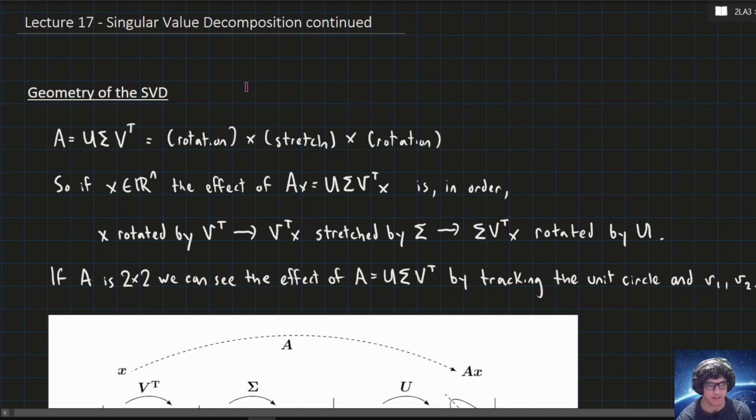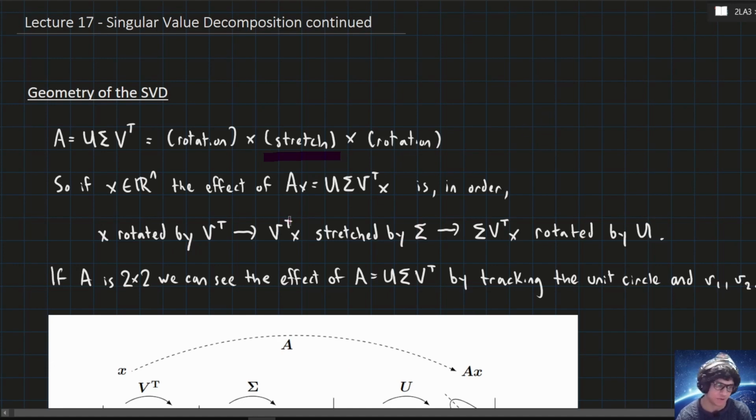So now we'll look at a visual or geometric interpretation of what the SVD is doing. This is the SVD of A. U is orthogonal, so it corresponds to a rotation. V transpose is orthogonal, so it corresponds to a rotation. And sigma only has entries on the diagonal that are non-zero, so it corresponds to a stretch.